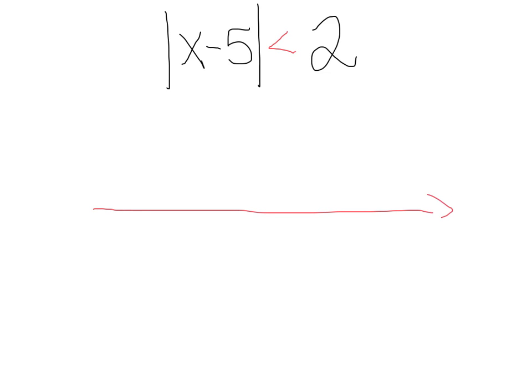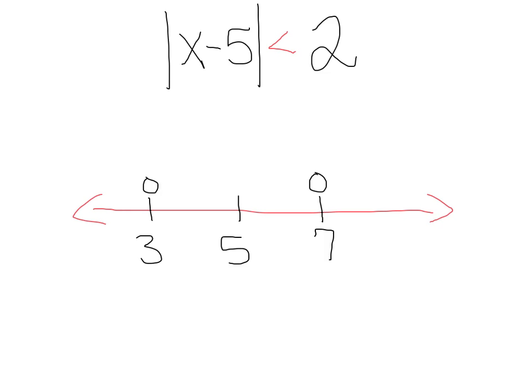So that means the absolute value, or the distance from x to 5, is less than 2 units. So if we were doing it again on the number line, we would start at 5 and we would look for values that are less than 2 units away from 5. So again, we start 2 units from 5 at 7 and 3, but we're looking at values that are less than that.